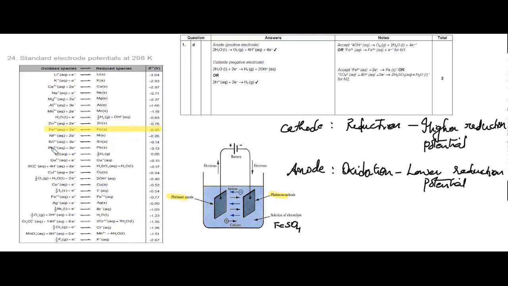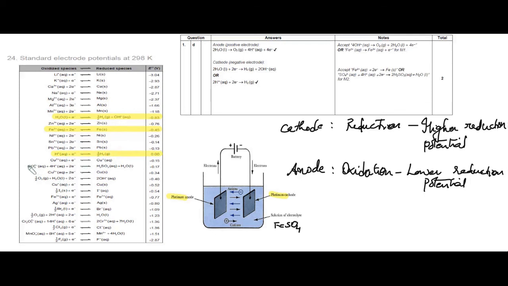That is one reaction that can happen. Or water getting converted to H2 hydrogen gas and OH minus, that can happen. Or H plus getting converted to hydrogen gas, this can happen.